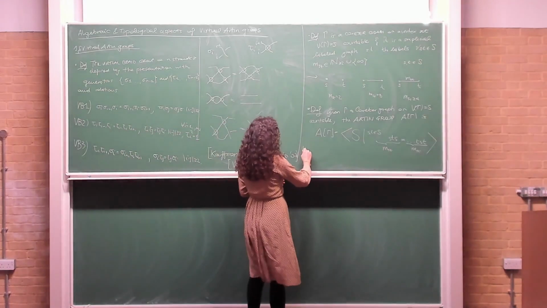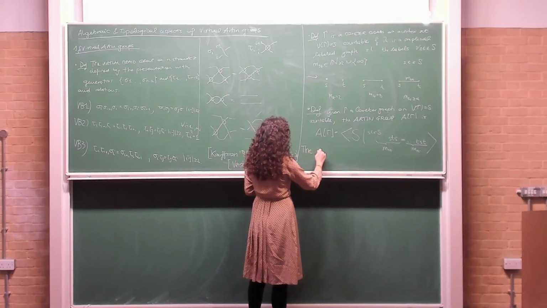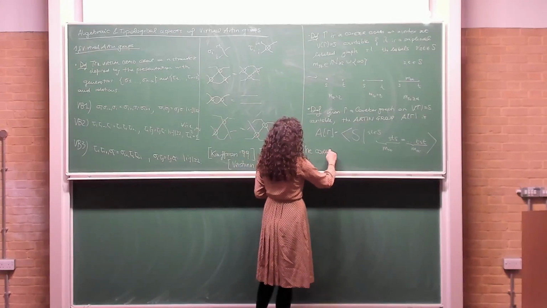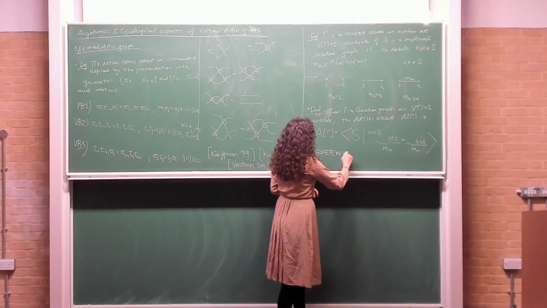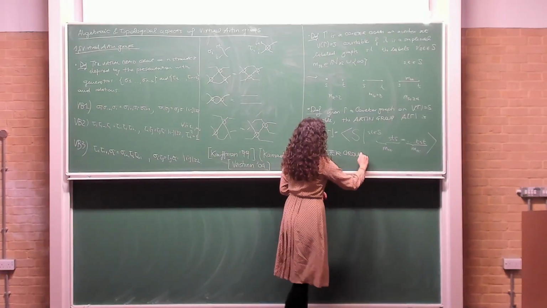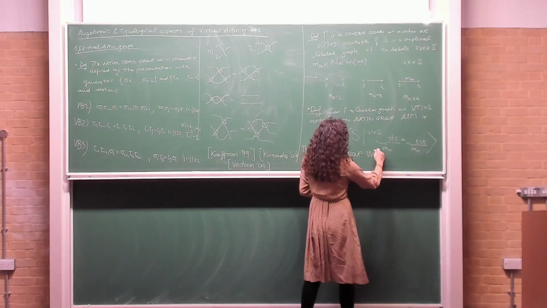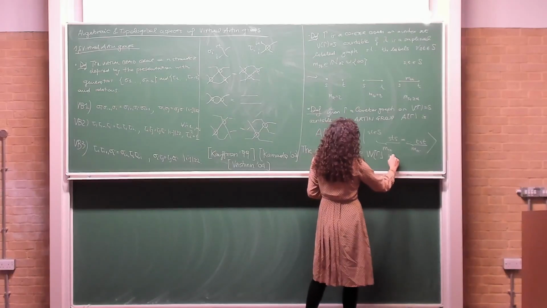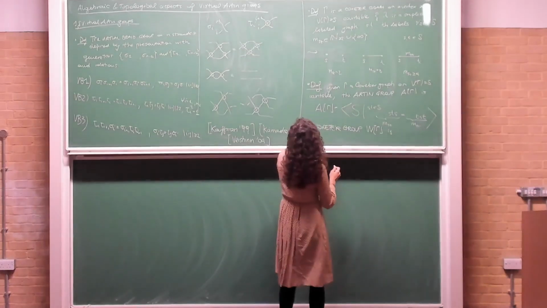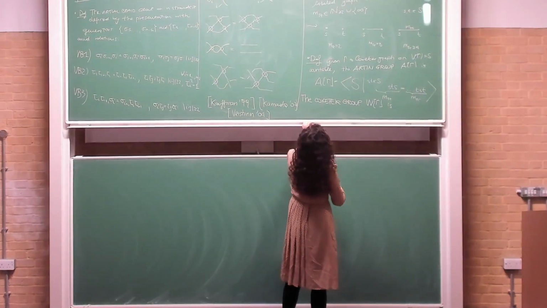And let me just define another class of groups which is closely related. The Coxeter group, which we denote by W_gamma, is, I should have left more space.